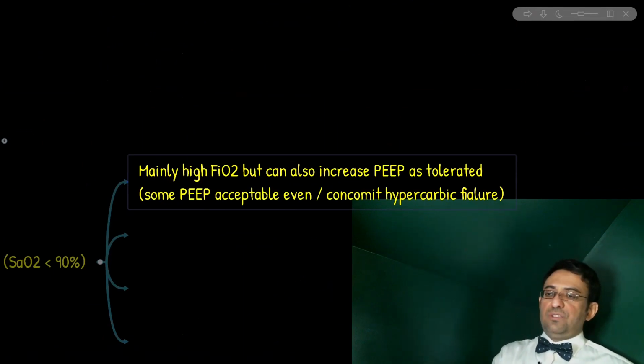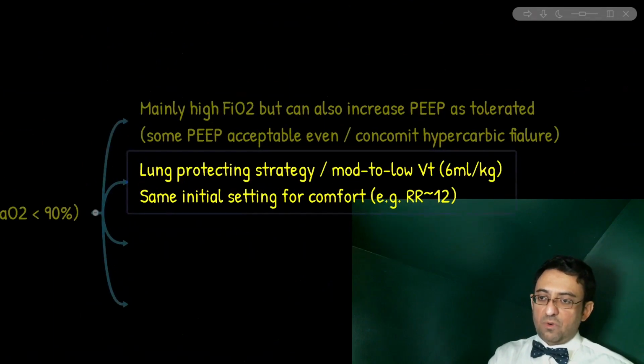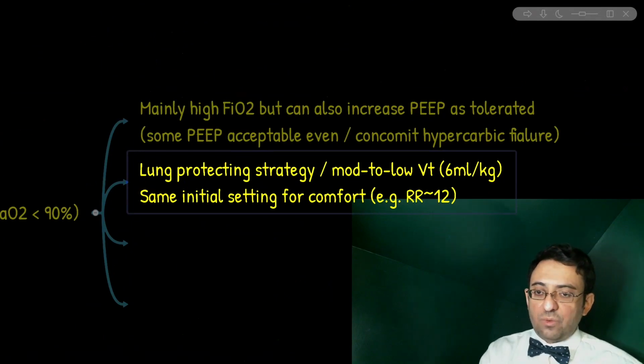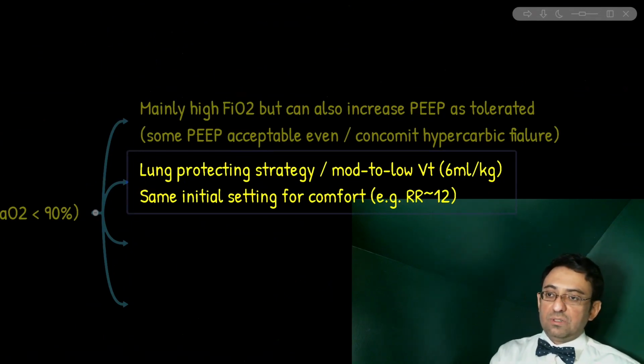What other considerations are important in hypoxic failure? Remember, we need to have some form of lung-protecting strategy and considerations for the patient's comfort. And so we go for a moderate to low tidal volume, around 6 milliliters per kg. But again, we need to identify the type. If the failure is due to ARDS, we will go for an even lower tidal volume, which is 4 to 6.